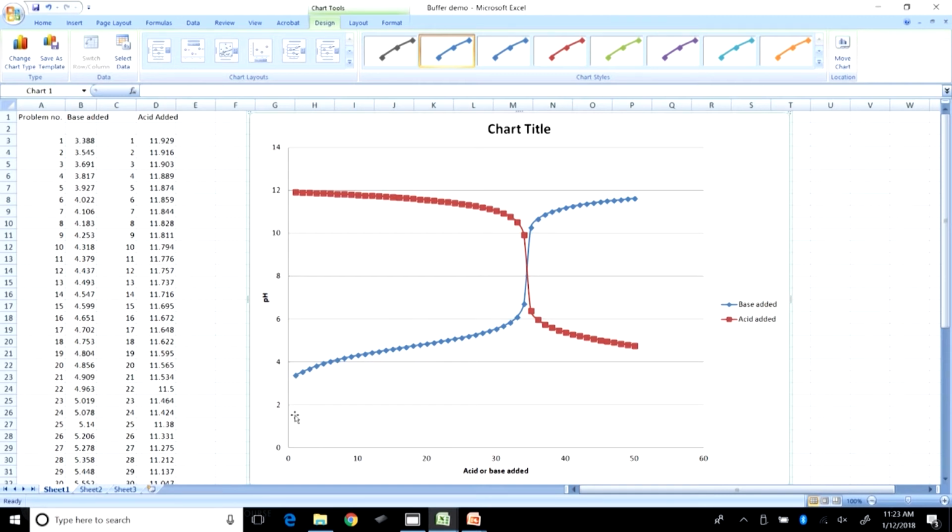So we started around pH 3, or 3.3, and we start adding the base and we see that the pH increased, right. And with respect to the acid, we started at around pH 11.9, right, and then started adding the acid in equivalent quantities, and we see that the pH obviously decreased to around, I believe, 4.2.